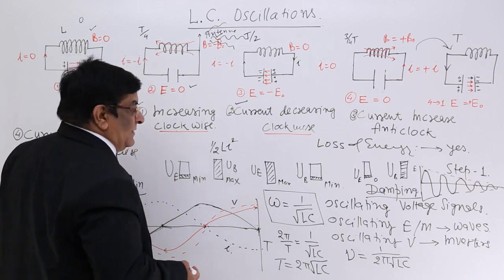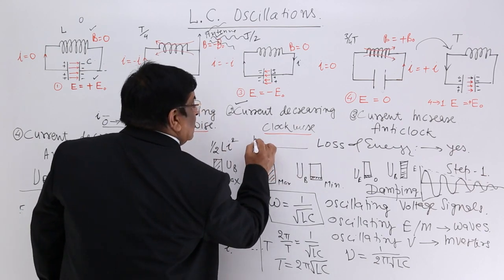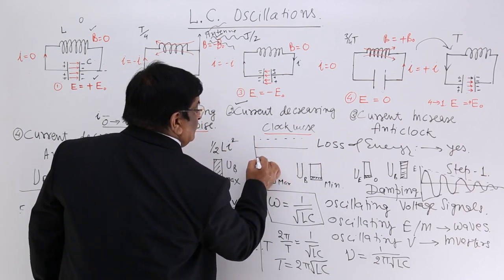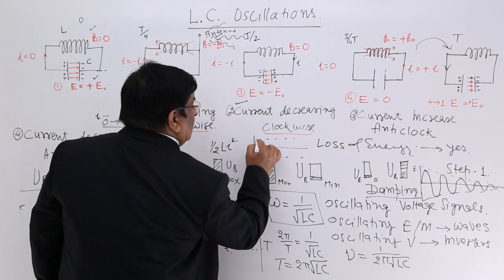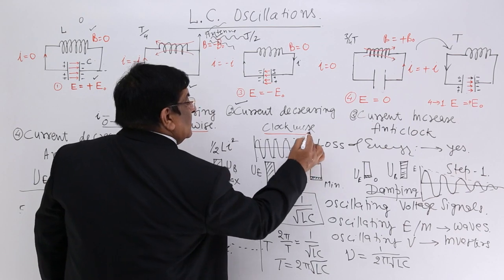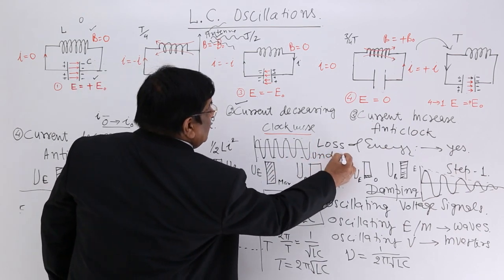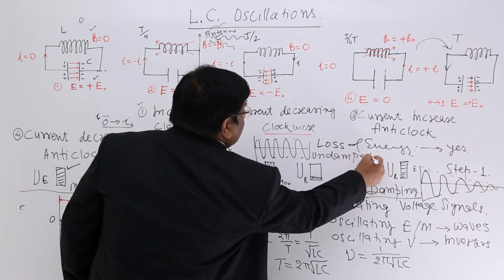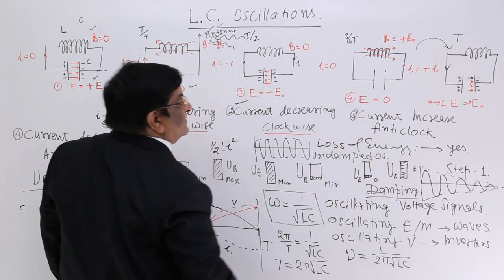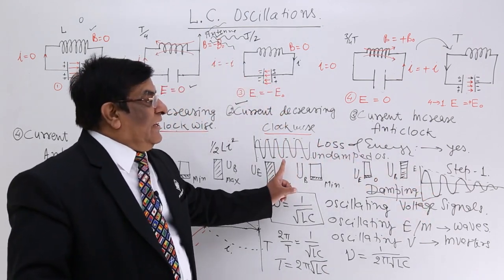What we want is that whenever there is oscillation, it should be this way. What is this? Undamped oscillations. So this is damped oscillation, and this is undamped oscillation.